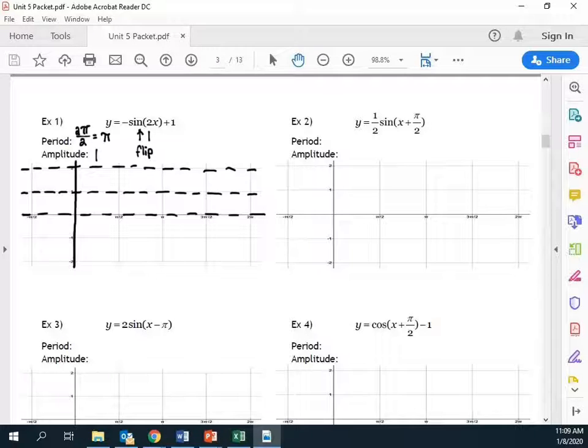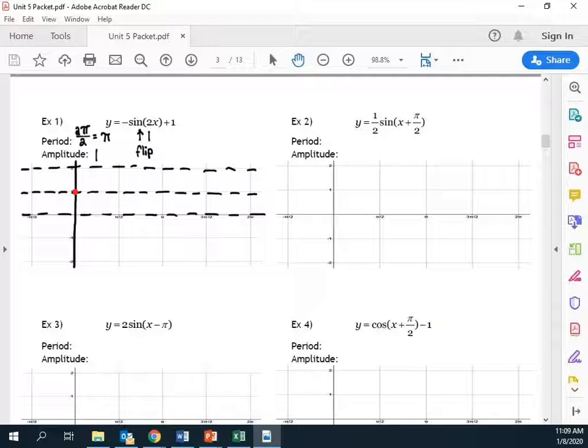Now we go ahead and start plotting some points. Sine. Look back up at sine, guys. Where does sine start? Max, middle, or min? In the middle. So I'm going to go ahead and put a dot. Starting line, and sine starts in the middle.